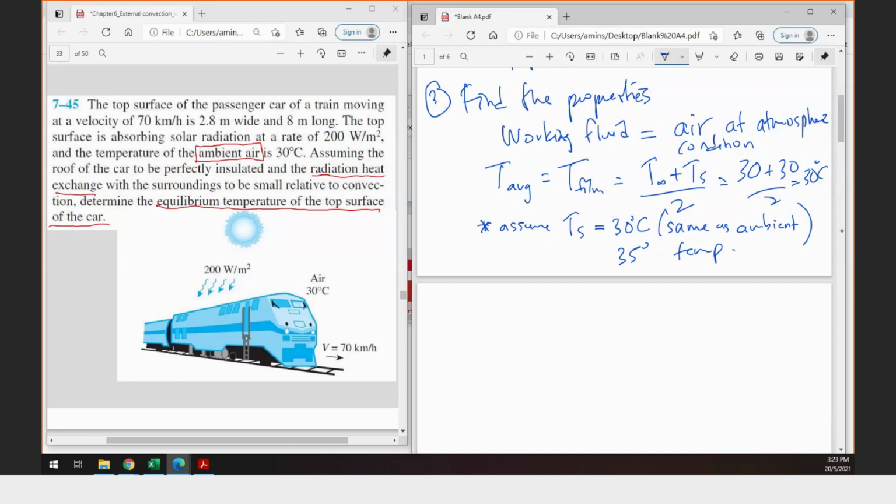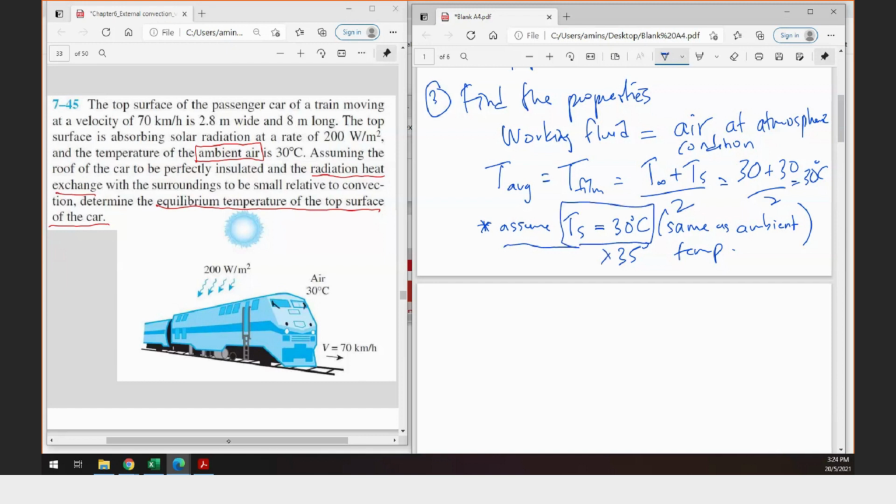This is just an assumption. The accuracy of your assumption depends on your final answer. You will check whether your assumption is correct or not when you get your final answer. So in this case, I assume 30 degrees Celsius.